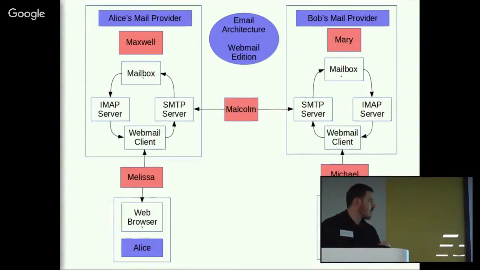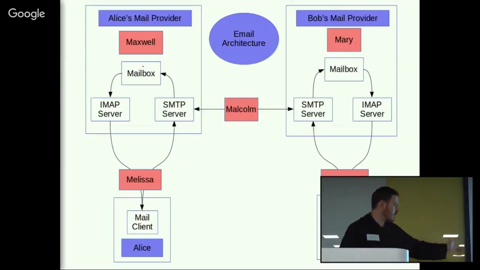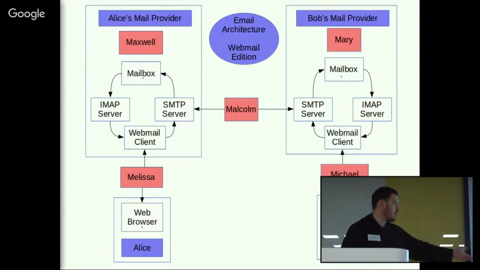We have a webmail edition of the same thing, except this time the webmail client, what was running on Alice and Bob's own desktop, is now run by the mail service providers.